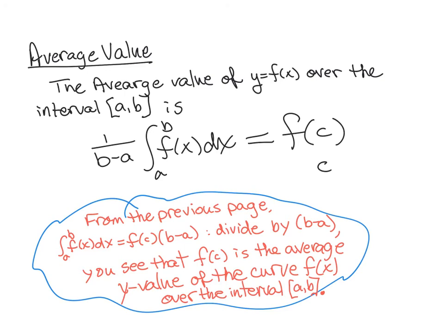And c is in between a and b. So the average y value of that function on this interval would be the height of the rectangle, b minus a is the width, and there's the actual definite perfect area under the curve. So the two theorems work together. I know it's confusing, doesn't matter.